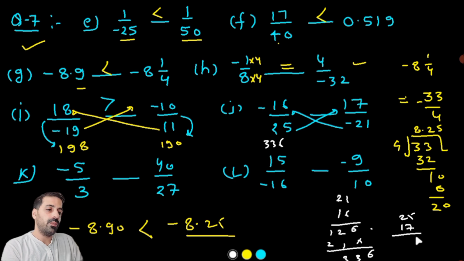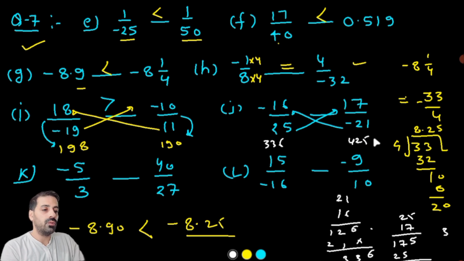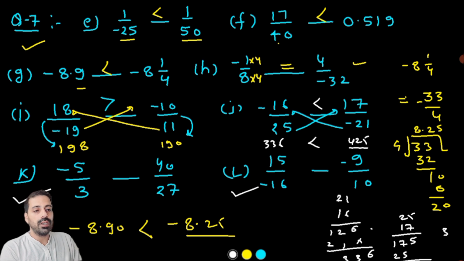But 25 multiply 17, 7 fives are 35, 3 carry forward, 14 and 3, 17. We have 5 and 2, now add, so we have 425 here. So my dear students, you can see that this value is greater. Okay, in the same manner you can solve question number K and question number L yourself.